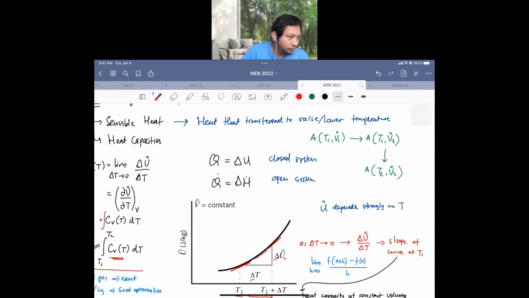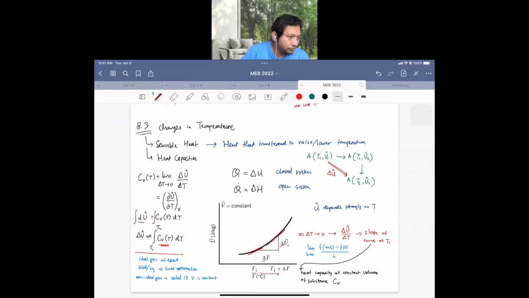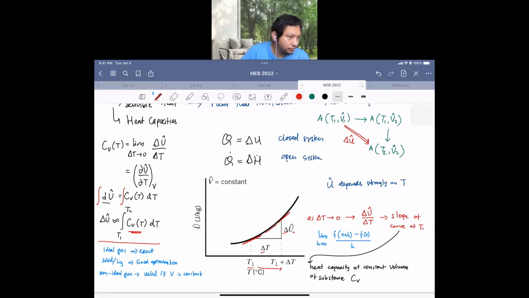And this change here will be our total delta of the internal energy. Okay, I think we can move on. This Cv is the heat capacity at constant volume of the substance.